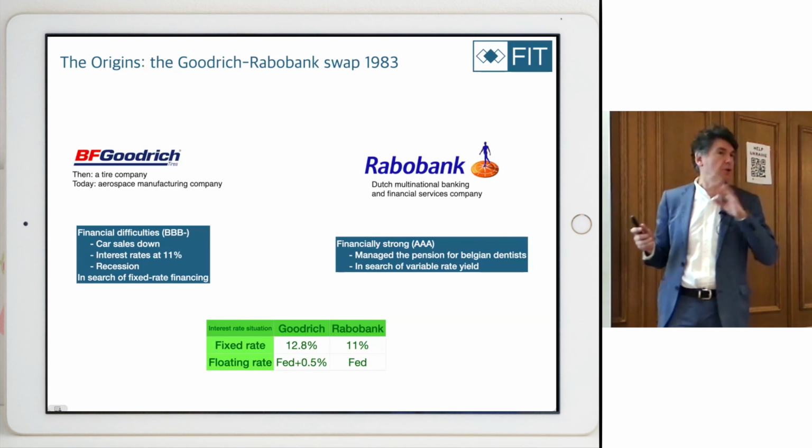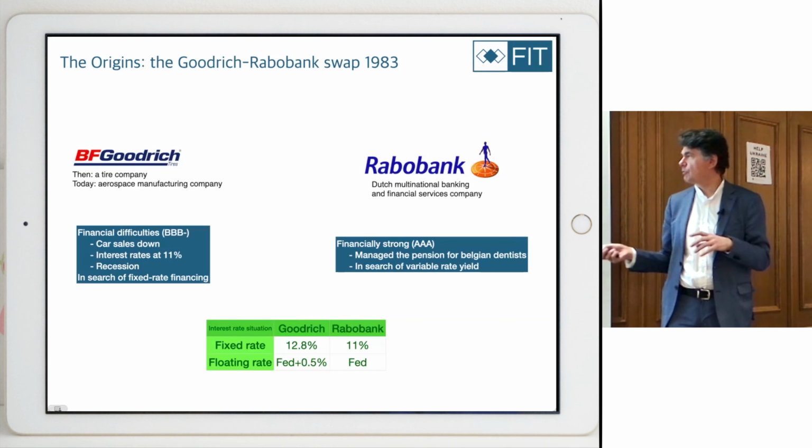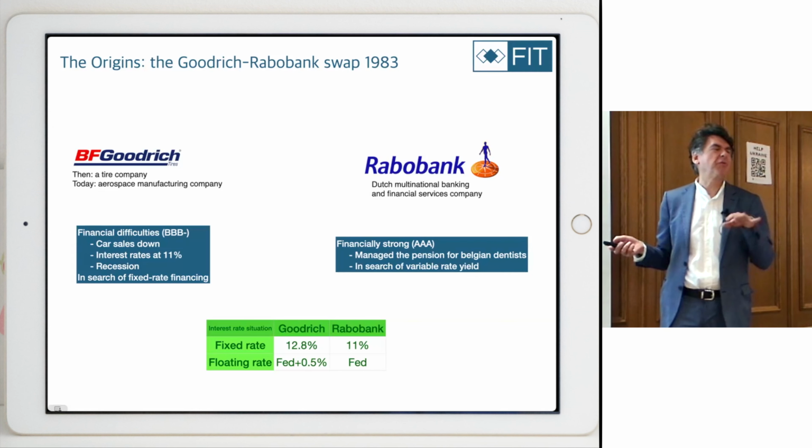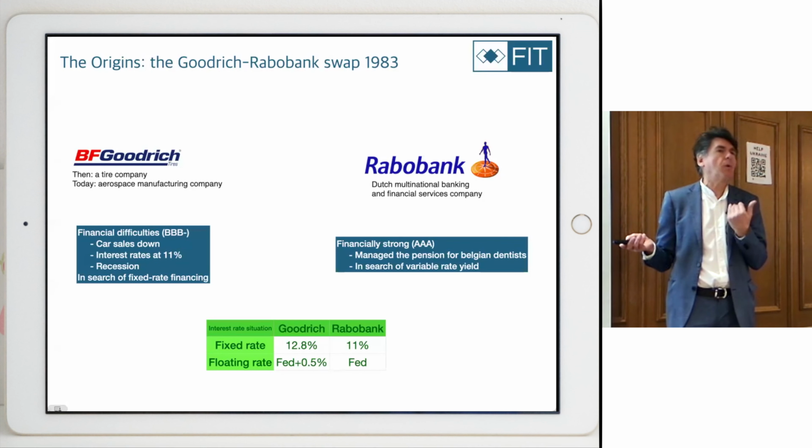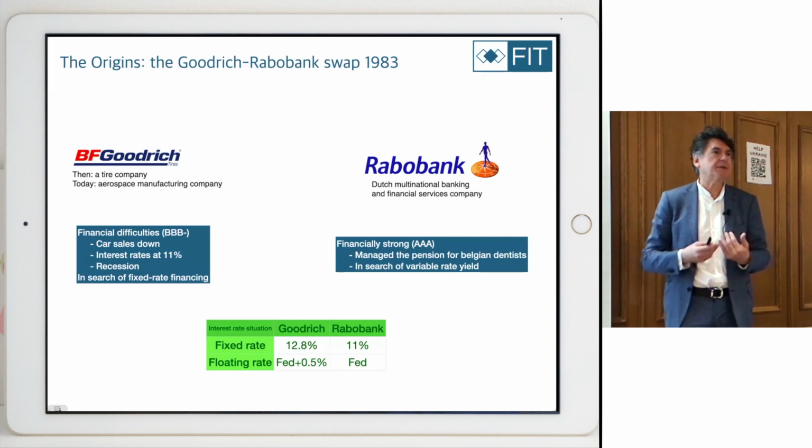Again, not a course in finance. I'm not going to get into exactly what type of variability. It's just so we're not surprised that they're looking for variable rate financing. Okay, I'm not going to discuss this again, but Goodrich wants fixed rate. Why? Because they need to budget for next year, or in the year after. So if you're a company, you like certainty.